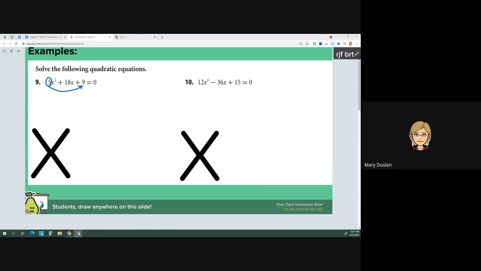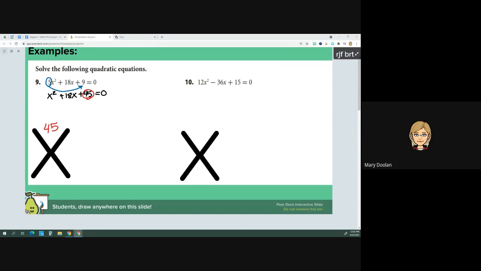So we're going to write this new polynomial as x squared plus 18x plus 45 equals 0. So the reason I multiplied 5 and 9 together is so that I could get something that's factorable with the magic x. This number here, this 45 is going to go up top.